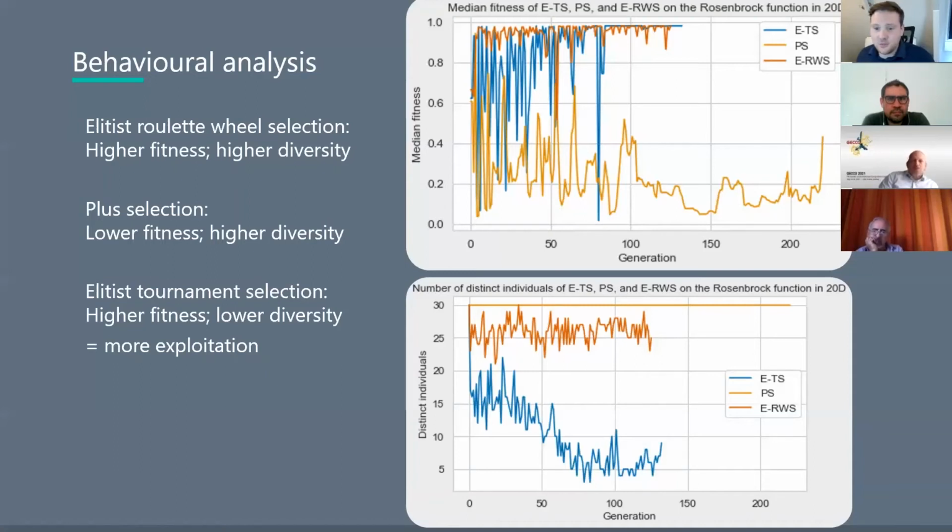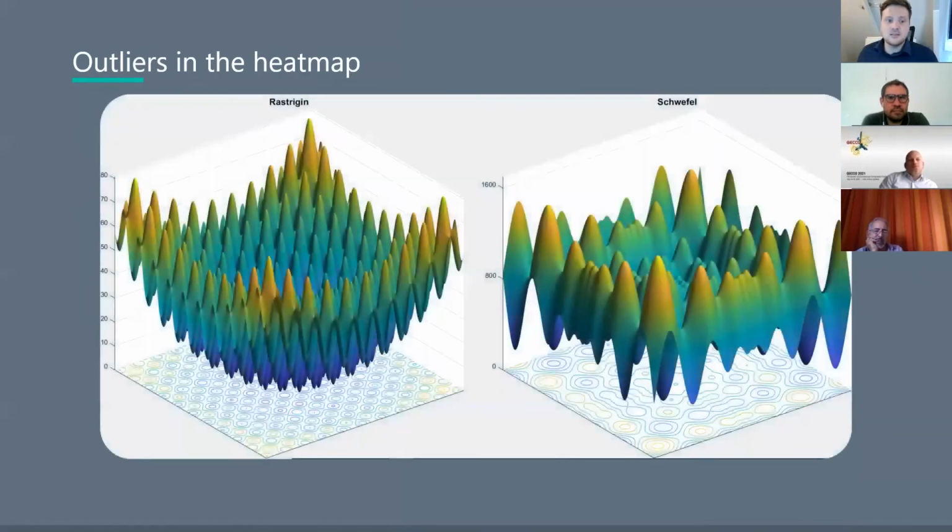This is very interesting when considering the outliers in the heat map. Because what did we find? The Rastrigin and Schwefel function for the tournament selection without replacement performed out of order. Taking these two benchmark functions in 2 dimensions, we find that they contain many local optima. One downside of too much exploitation is the inability to escape local optima.